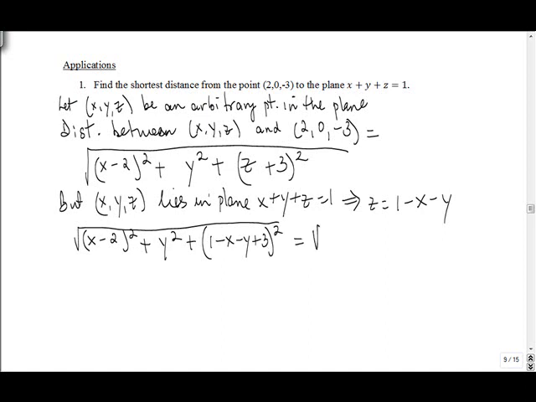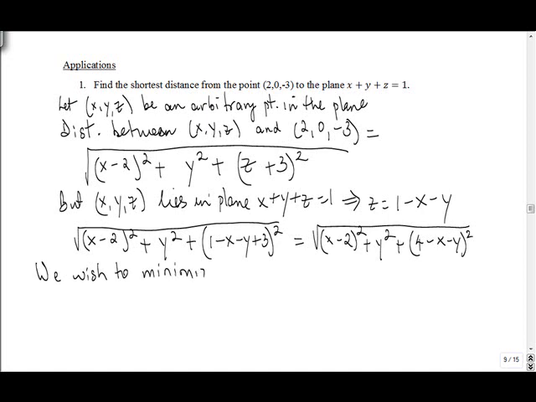And when you work that out, we'll leave this as x minus 2 all squared plus y squared plus 4 minus x minus y squared. So we have our function. So we wish to minimize f of x, y.